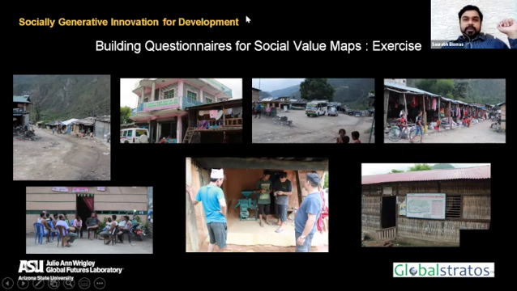I will give you some time to take in all of these pictures, maybe draw a mental picture. And then I would like you to create a set of questions that would lead you towards creating a social value map for this particular location.